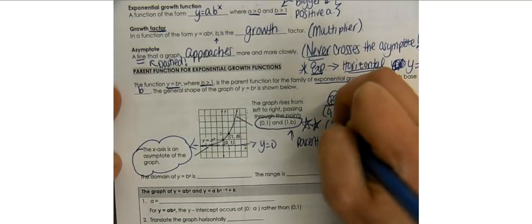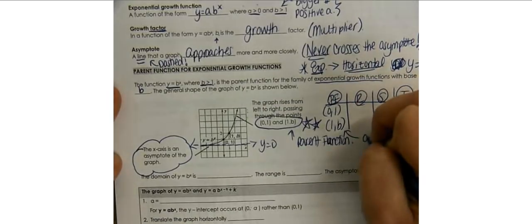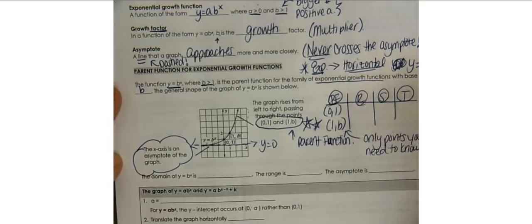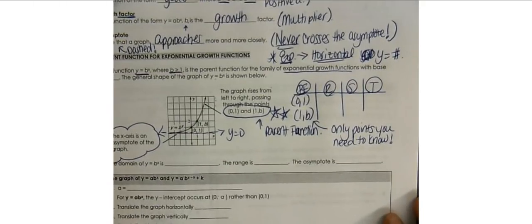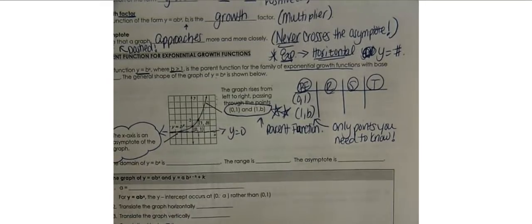You only need to know (0, 1) and (1, b). So these are the only points you need to know. Please make sure that you have these ordered pairs memorized, that you recognize it, that it goes (0, 1) and (1, b).